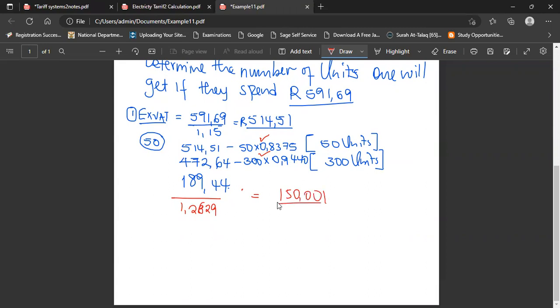So these are also units. So in total, it will be the 50 I've used in bracket 1, plus the 300 I've used in bracket 2, plus the 150 that I've used in bracket 3. So when I add everything here, I end up having 500 units, which is indeed right.